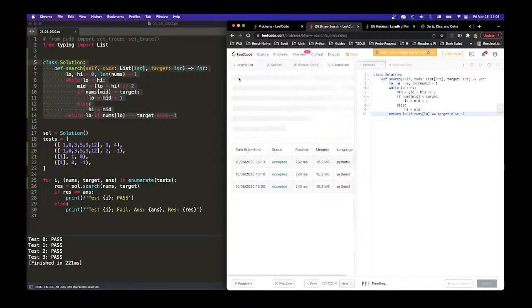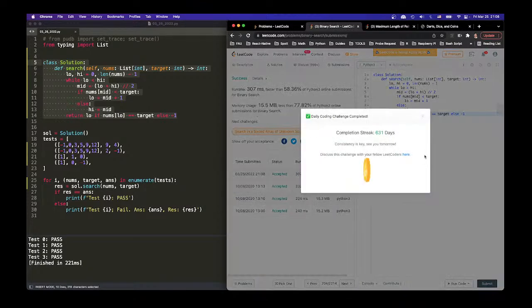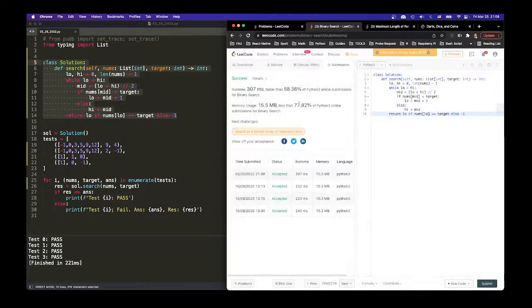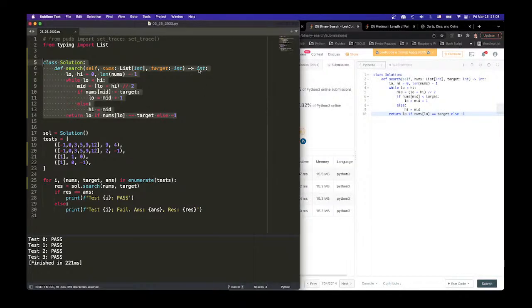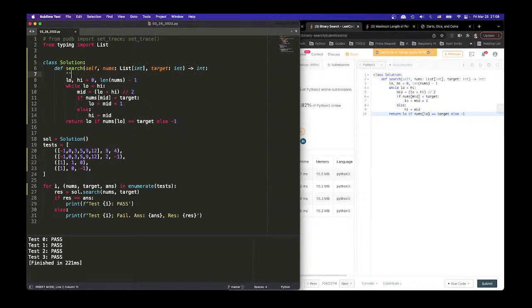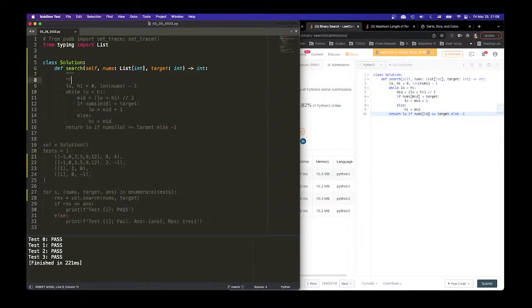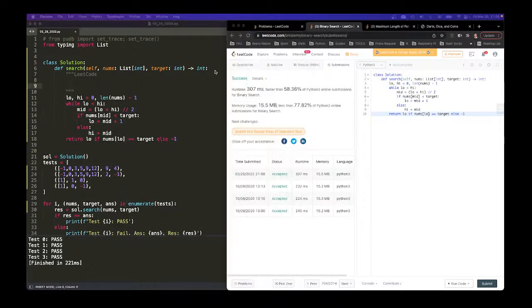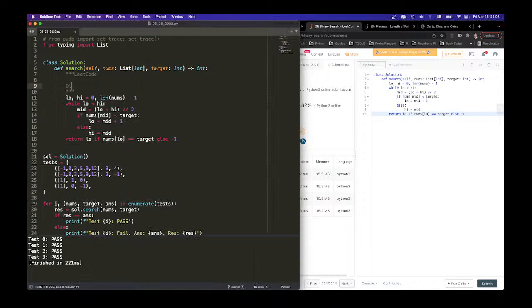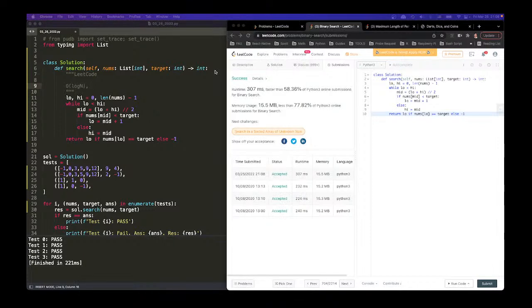Can't believe binary search is number 704. It's an old question. Well, it's actually log n because they sort it for you.